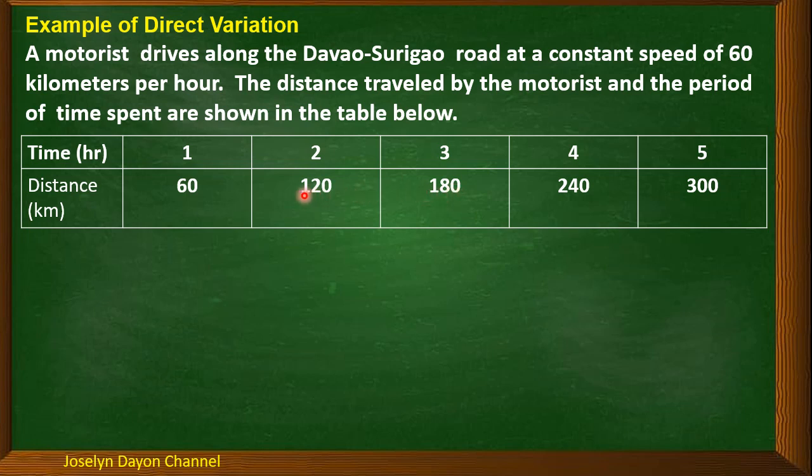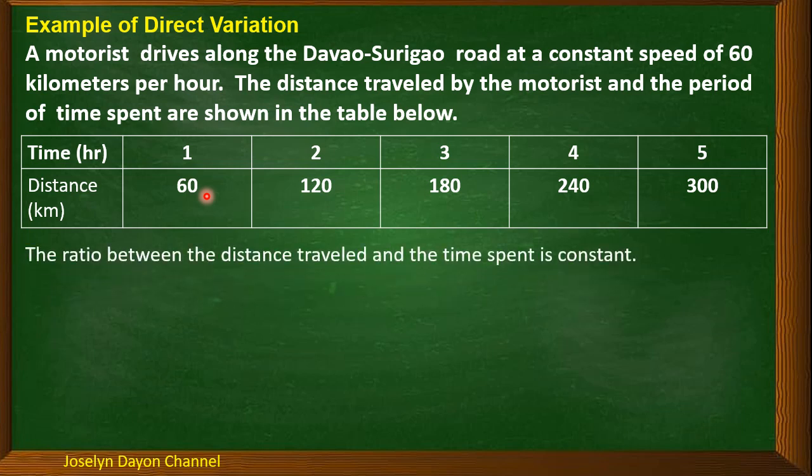This is what we call direct variation. An increase in one variable, say for example time, also causes an increase in the distance covered. Okay? This is an example of direct variation.